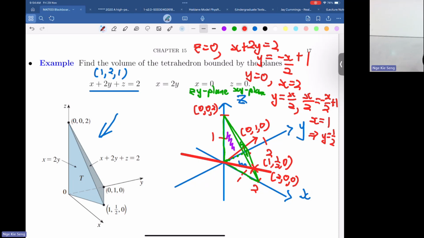Why does that point have z equals 0? Why? Why are we looking at z equals 0 in this case?